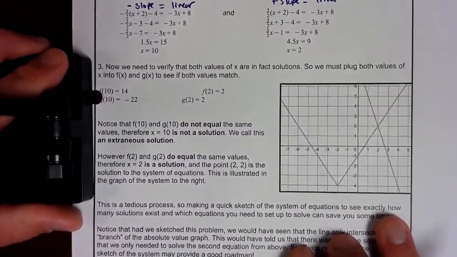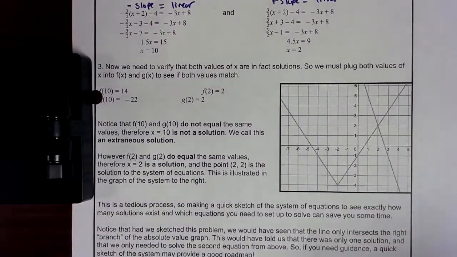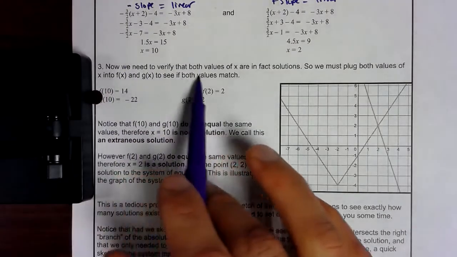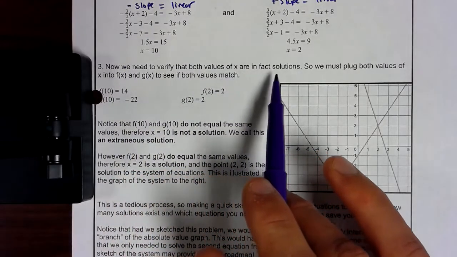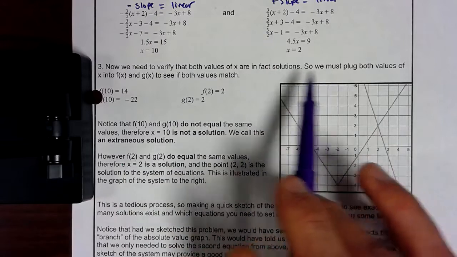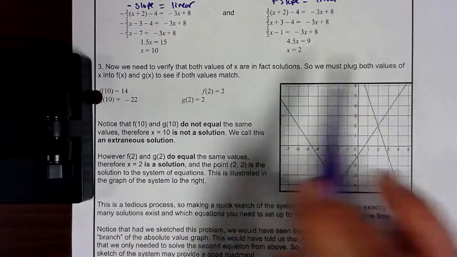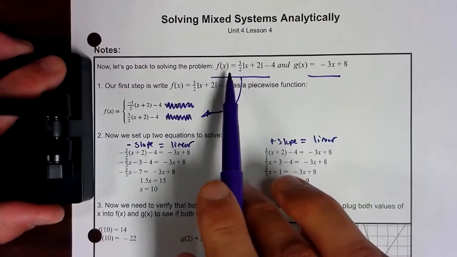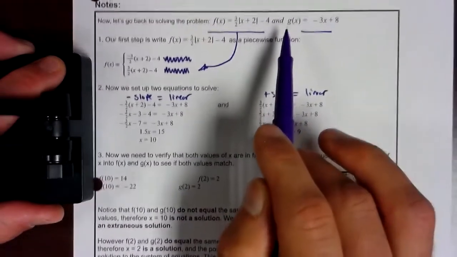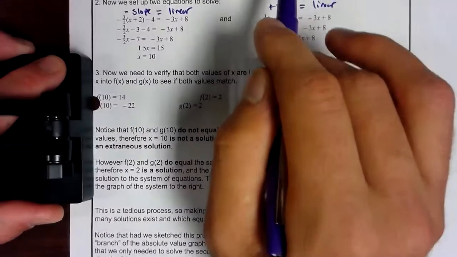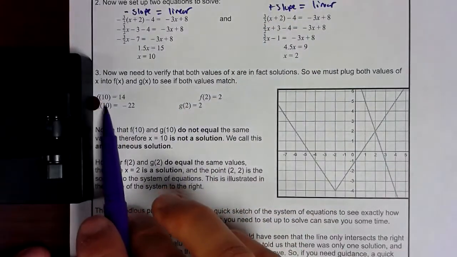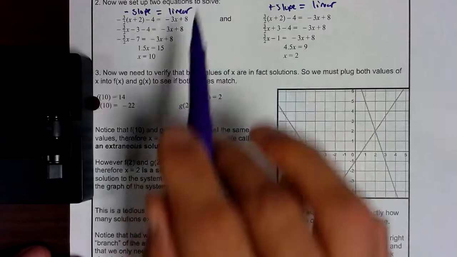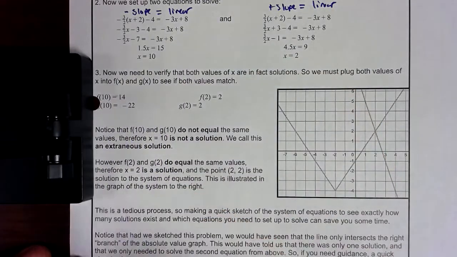Now, just because we get two x values doesn't mean they both work. The next part of this is to verify that both values of x are in fact solutions. So what we've got to do with those x values is plug both of them back into the original f of x, so the original absolute value equation, and the original g of x, the original linear equation. So when I plug 10 back into the f function or the absolute value function, I get 14.